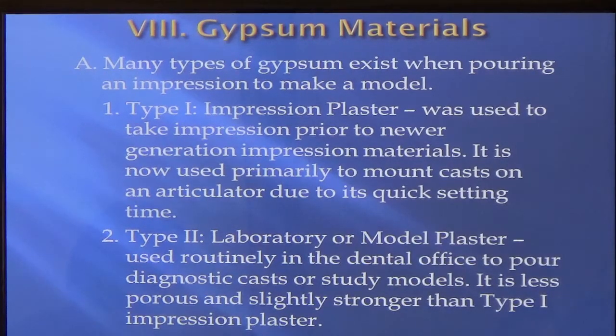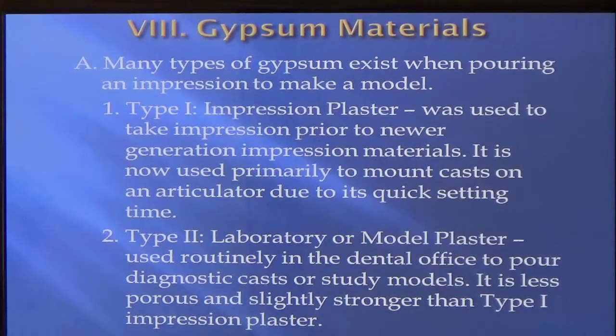Well, the other one you don't have much time to work with either. That sets up quick too. To pour it, you mean? Yeah, to pour it. With the alginate, you need to pour it within an hour. This, you can wait a few days. But for silicone, the important thing is that it's very accurate.